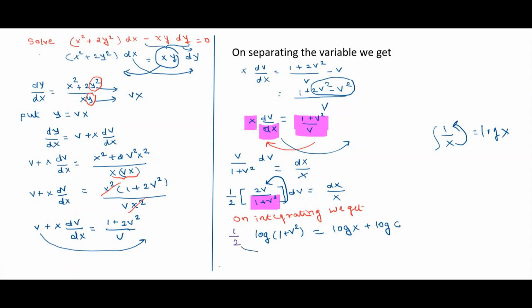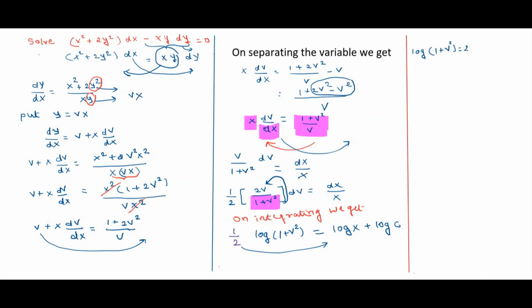Now transpose this 2 to the right hand side. If you transpose this 2 to the right hand side, what you will get is logarithm of 1 plus v square is equal to 2 log x plus 2 log c.